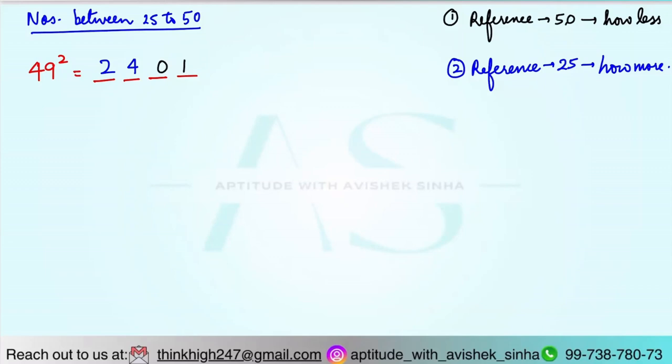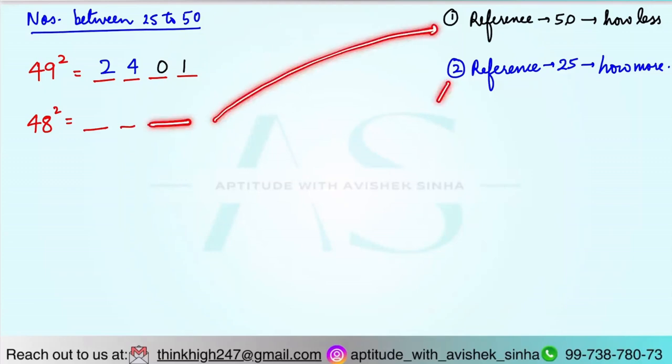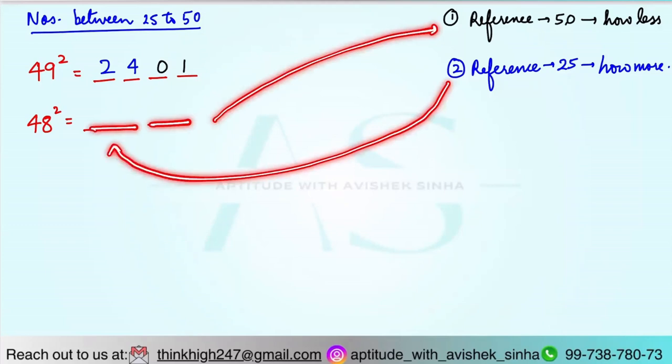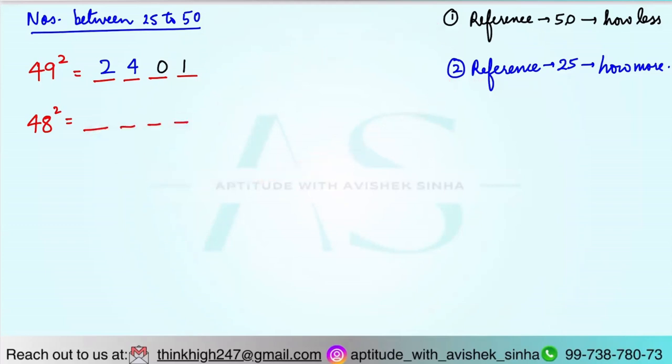The other question: 48 square. Again, it will result in a 4-digit number. The last 2 digits are related to reference 1. The first 2 digits are related to reference number 2. Read reference number 1. Reference 50, how much less? So 50 minus 48 is 2 less.